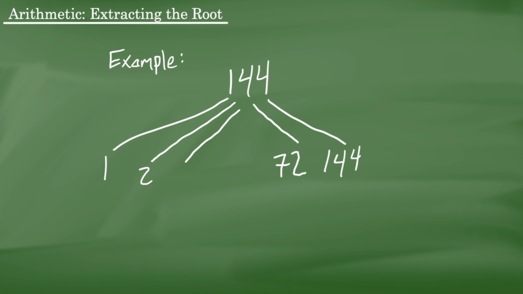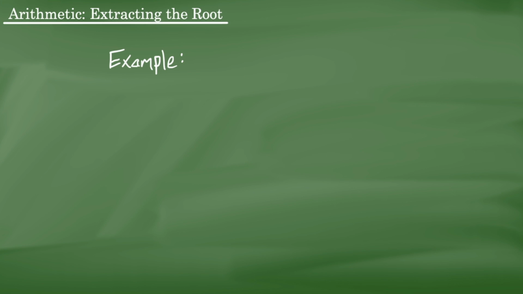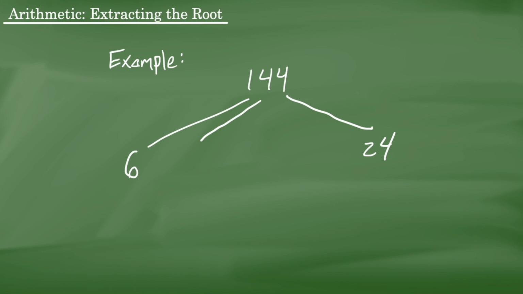If we were to divide 3, we would get 48. If we were to divide by 4, we would get 36. If we divide by 5, we don't get an even number, but if we divide by 6, we get 24. Now let's divide by 8.